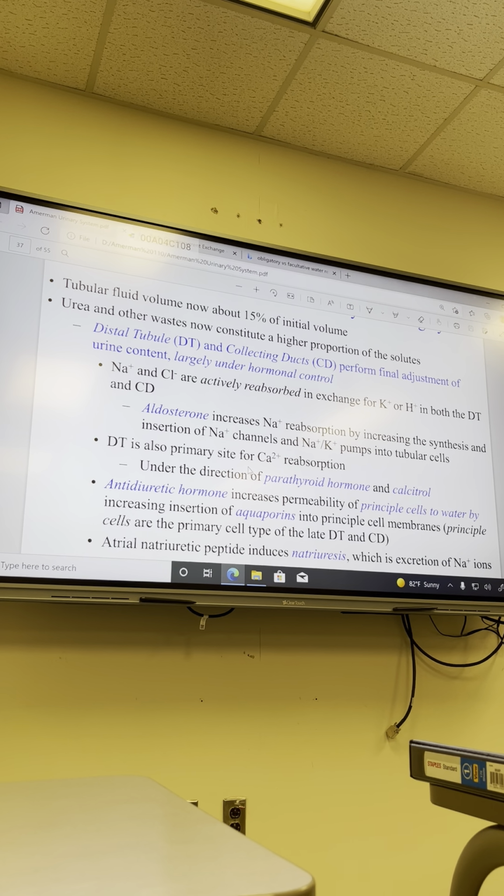Aldosterone has minimal impact on the concentration of the filtrate and urine, but it has a big impact on the volume. Minimal impact on the concentration of urine and filtrate.